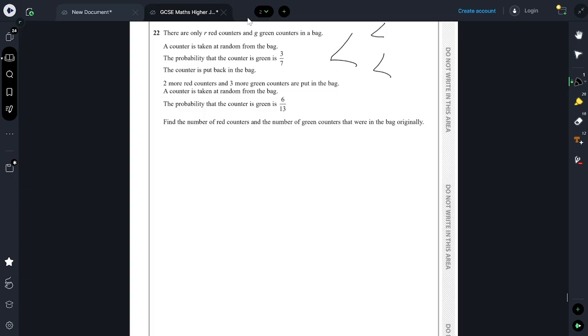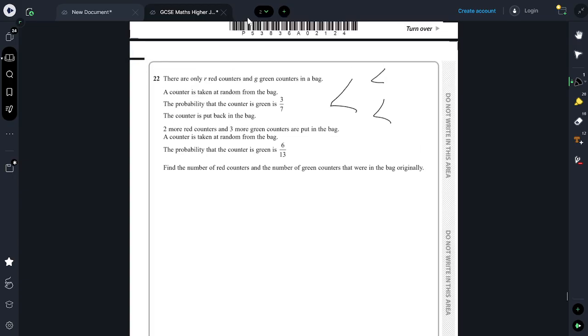So there's green and red. Then a counter is taken, and the probability the counter is green, and then it's red, and so forth. The counter is put back in the bag. 2 more red counters and 3 more green counters are put in the bag. A counter is taken at random from the bag. So then there's another situation going on.